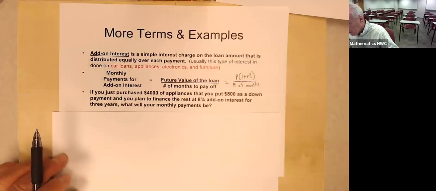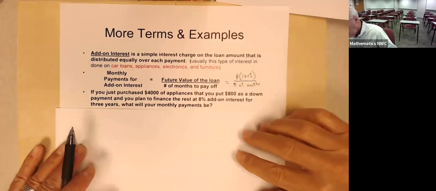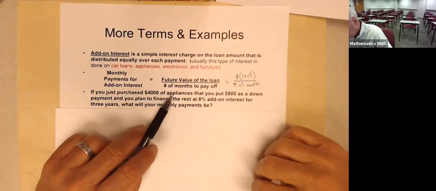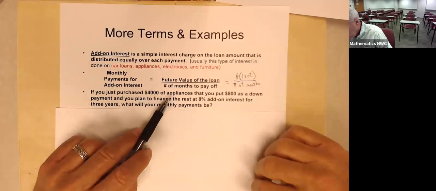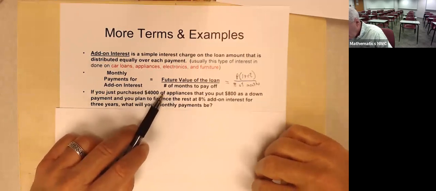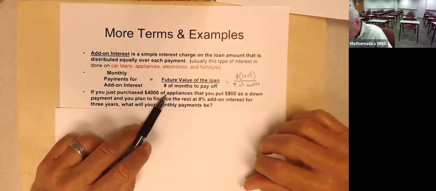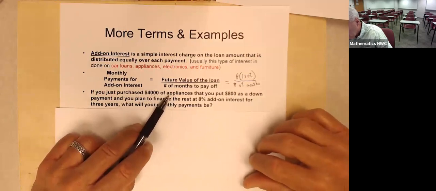Let's take an example. If I purchase $4,000 worth of appliances, that may sound like maybe a lot, maybe a little, but for many of you, if you're going to be renting a house and it doesn't have appliances, you would have to purchase some.